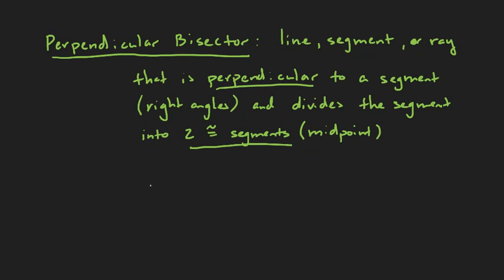Okay, so let's draw a segment and a line. This time I'm going to use two letters to describe them. Let's draw segment AB, and this time I'm going to challenge myself by making it a little bit angled. Now I want to draw a line, and we're going to call this line EF, that's going to be perpendicular and bisect AB. What I would do first is draw the midpoint M. I'll put an M right there.